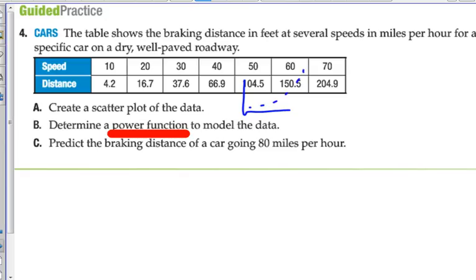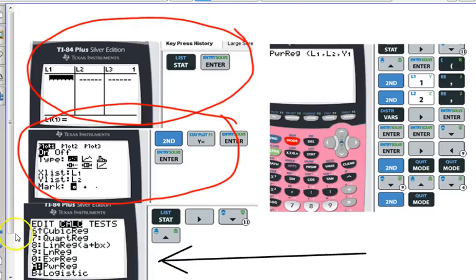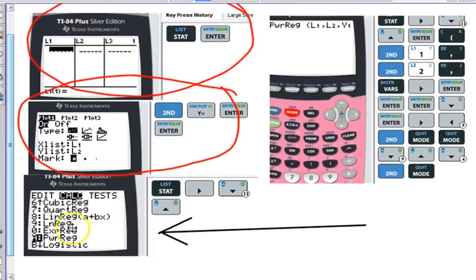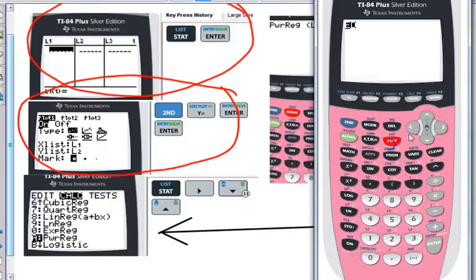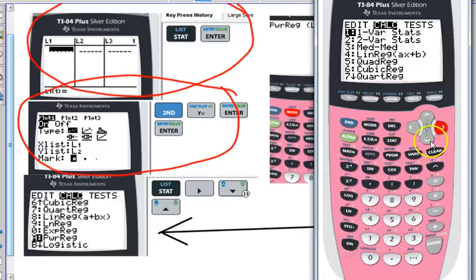Let me show you where I have captured a screen with that. It looks like this. It is choice A, way down. If you go stat, right arrow, and scroll down, down, down, down, down. Stat, right arrow, and my calculator is really slow, or fast, because it just went past it, I don't know.